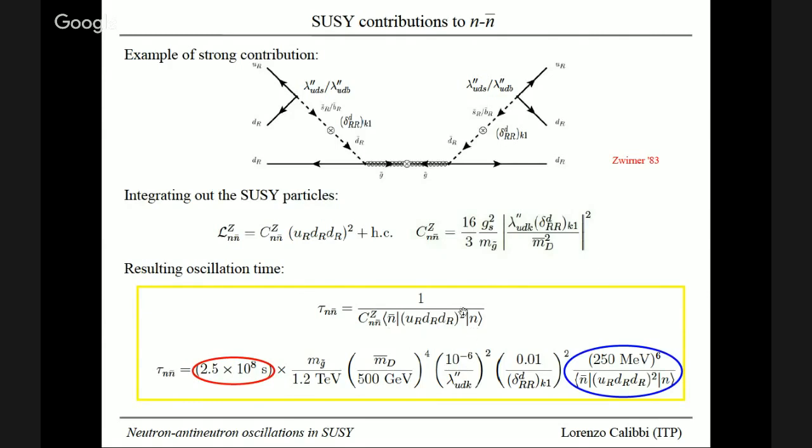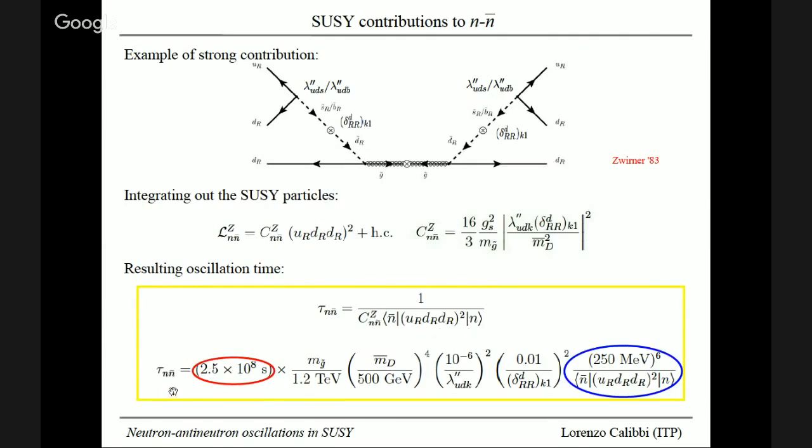So we know that this number has to be of the order of some powers of the QCD scale, but there is no definite prediction for this, not even from lattice QCD.